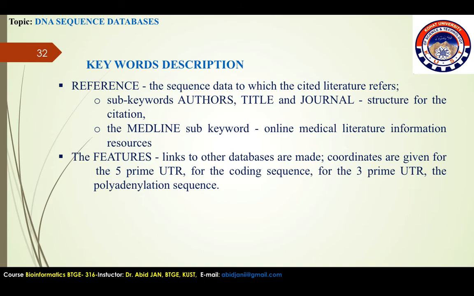Within the table, links to other databases are made. Genomic coordinates for the 5' and 3' untranslated regions, for the coding sequence, and the polyadenylation sequences are given in the feature table.